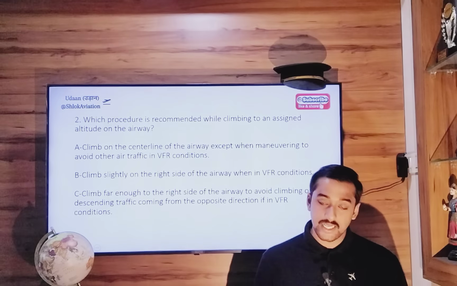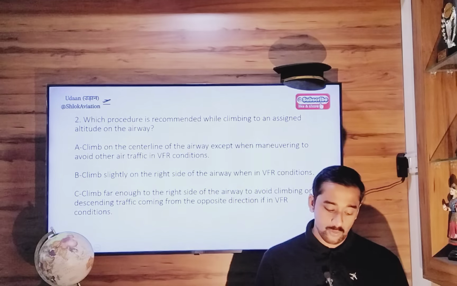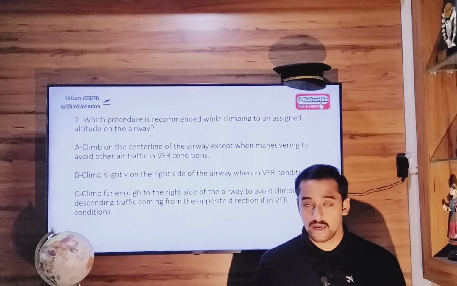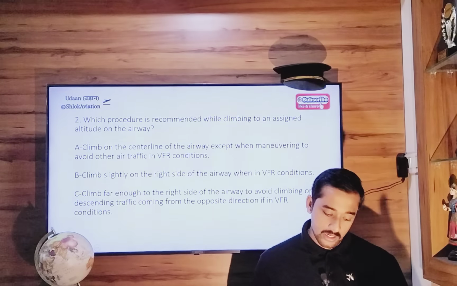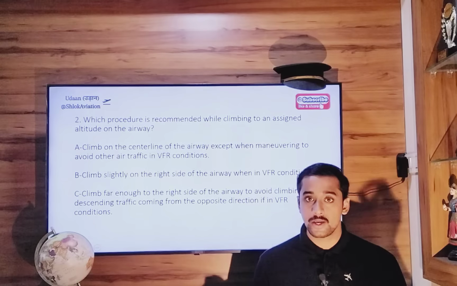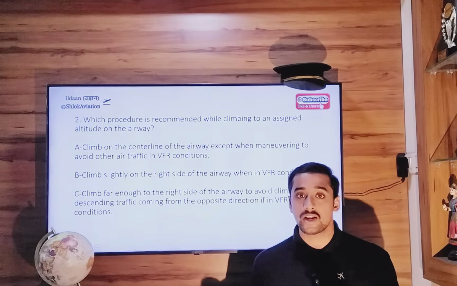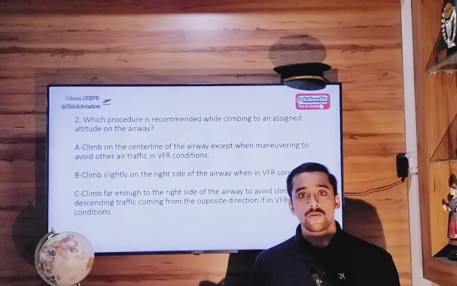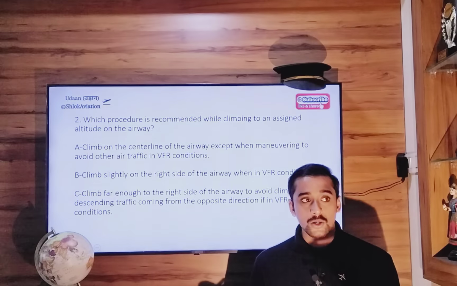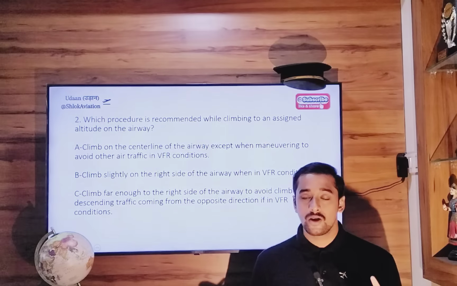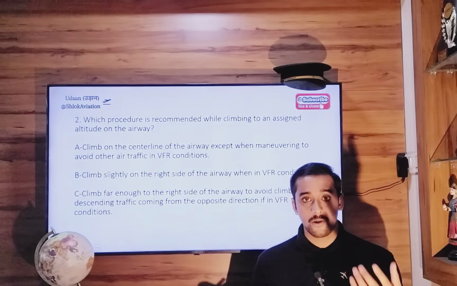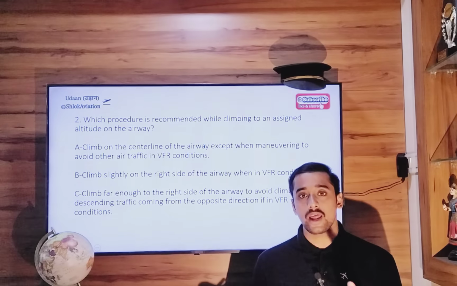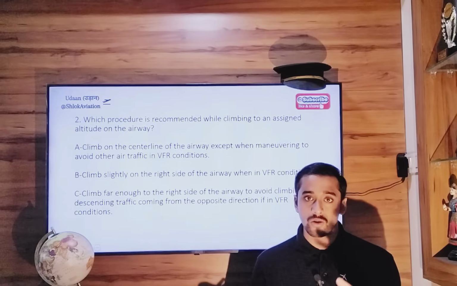Climb on the center line of the airway except when maneuvering to avoid other air traffic in VFR conditions. If you're climbing on an airway and you are receiving radar vectors, radar following or flight following, and ATC gives you traffic advisories, in order to spot that traffic around you or to visually scan the airspace around you, you will have to do some maneuvering to the left or right of your intended track or course.